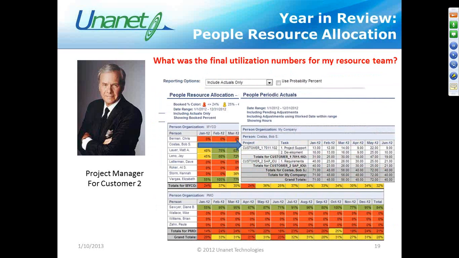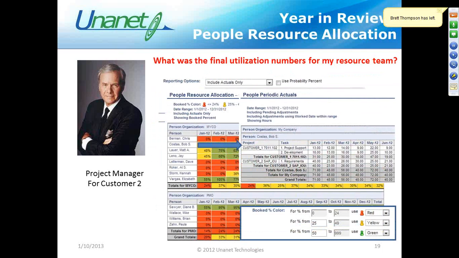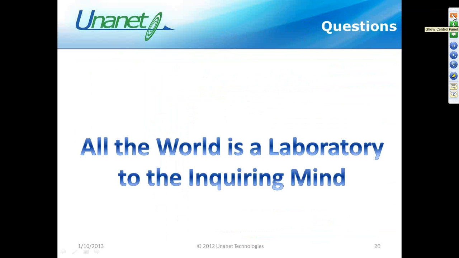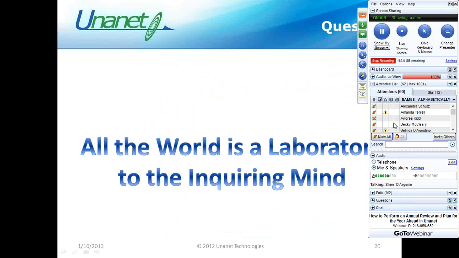And the color thresholds can be tailored as well to reflect your business rules, whether 0 to 24 is really the red, or maybe 0 to 50% is the red indication. So let's stop for a moment here, and I'm going to call Holly up.